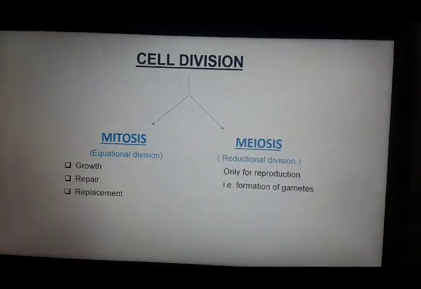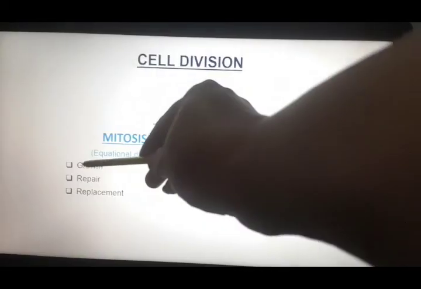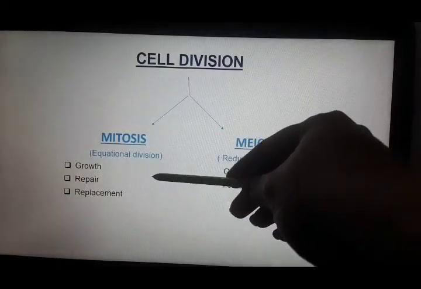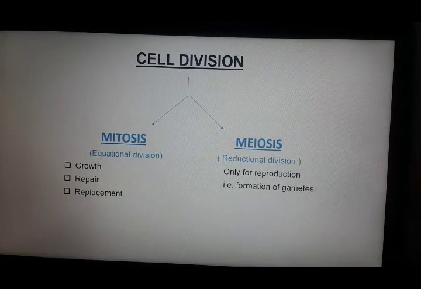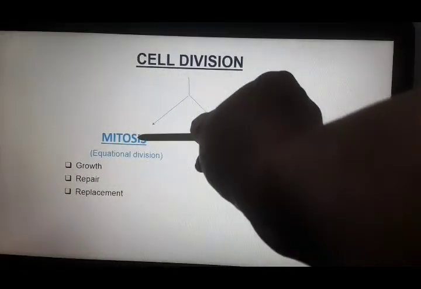That means the increase in size. If you remember, an infant, a newborn, is smaller in size, and in due course of time the size increases. When you grow into an adult, your size, your body weight, everything is increased. That means the number of cells must have increased, and this is due to mitosis.